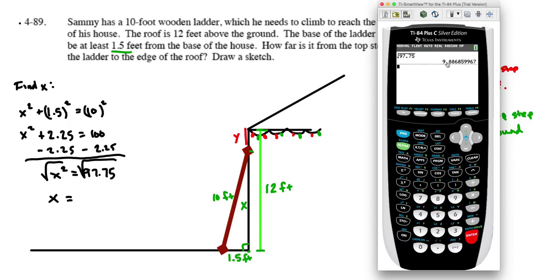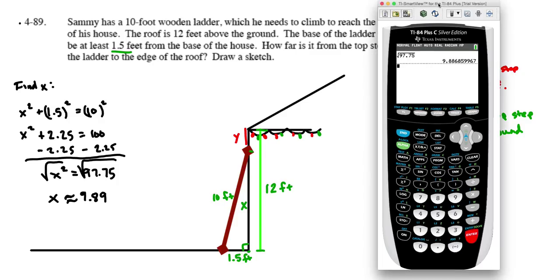And we get 9.8868, so let's go ahead and round that up to about 9.89. So this would be approximately 9.89. It's not an exact value, it's an approximation. And thank you, Mr. Calculator.